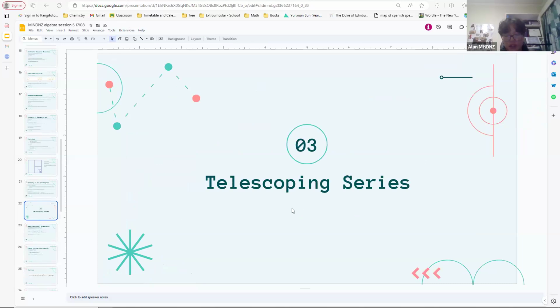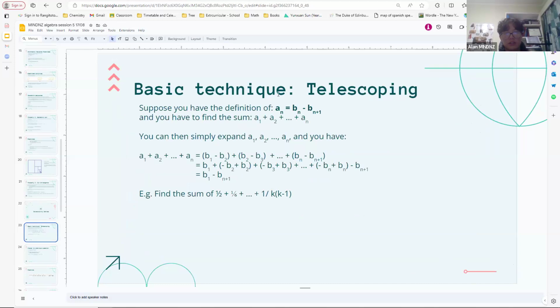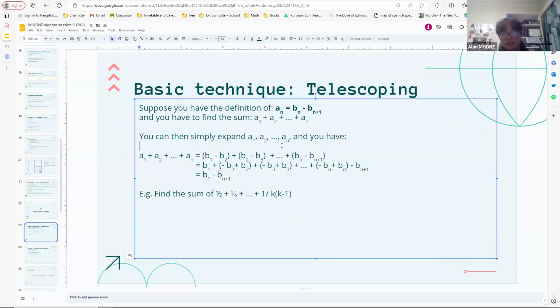So now we'll go over the telescoping series. It's a basic technique within sequences where you have the nth term of our series a_n equal to b_n minus b_(n+1) for some other sequence b_n, and you have to find the sum a1 through an.